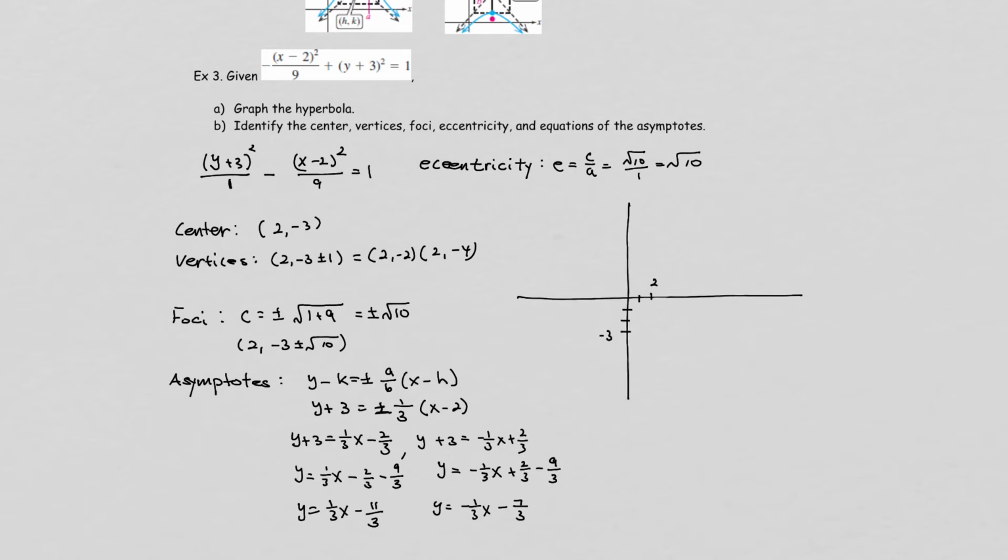So when we graph all this, your center starts from (2, −3) right there. And for your asymptote, the one y-intercept is going to be −11/3, which is −3 2/3. So it will be somewhere, if this is 4, it will be somewhere right there. So draw the line.